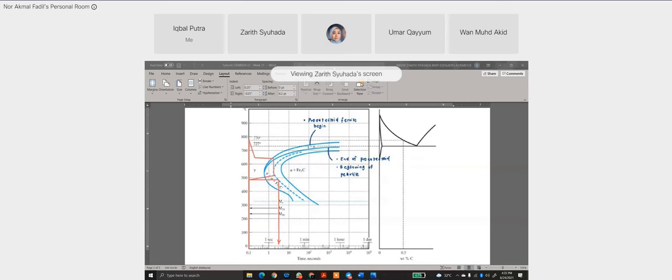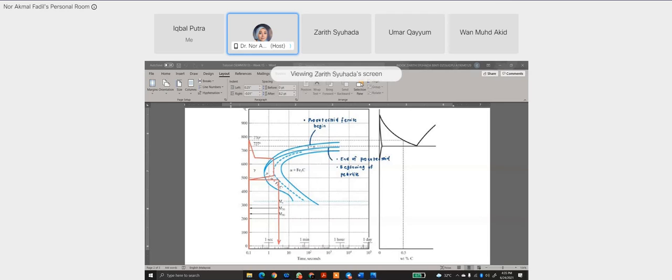Okay, sorry. So maksudnya sekarang ni bila you nak certain amount je proeutectoid tu, tetapi yang lebihnya tu martensite. Sebab kita tahu proeutectoid ni soft, tetapi martensite tu hard lah. Ni kalau you nak lah properties ni. So boleh kita buat dengan cara kita quench kepada proeutectoid.